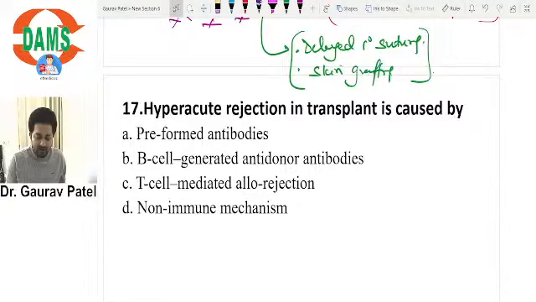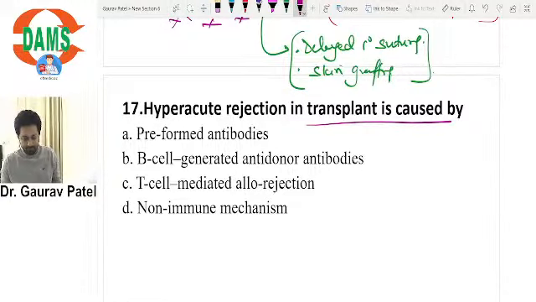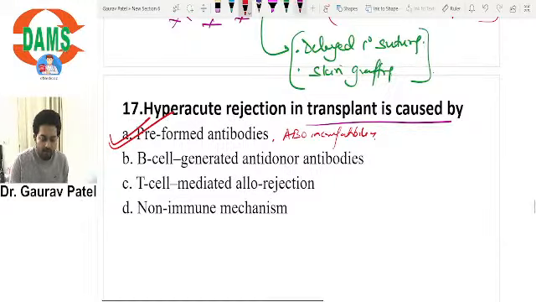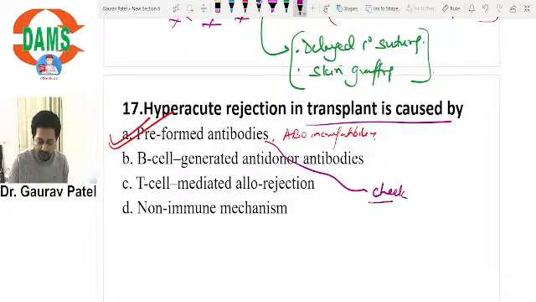Hyperacute rejection in transplant is caused by what? Hyperacute rejection is caused by preformed antibodies and also if there is ABO incompatibility. How will you check if there are preformed antibodies? Preformed antibodies usually occur because of a prior transplant or prior blood transfusion.